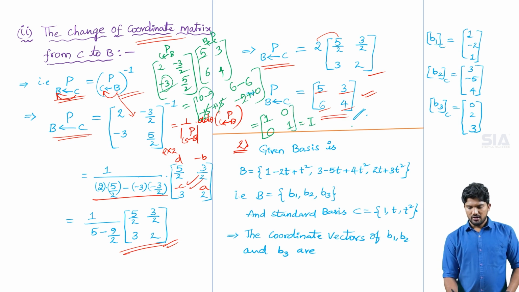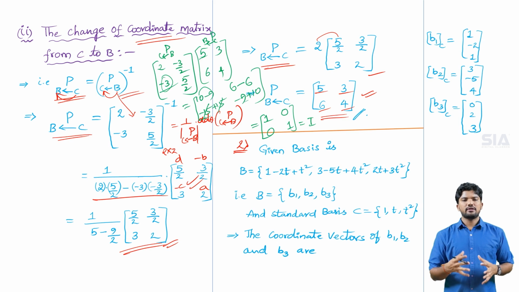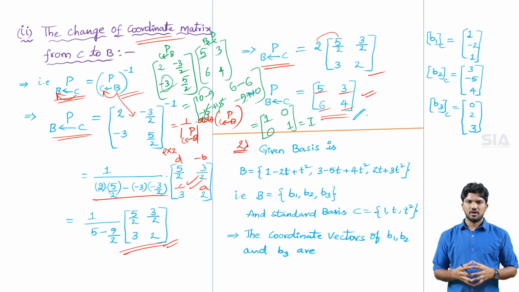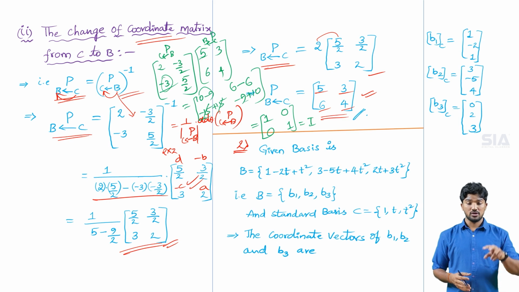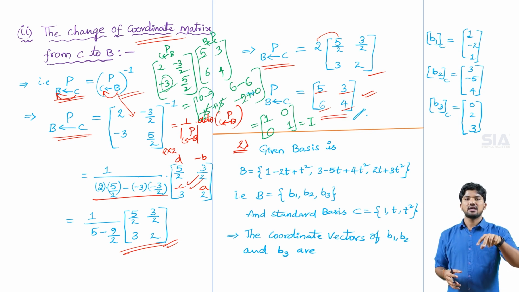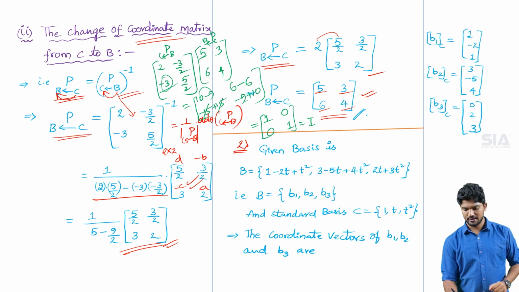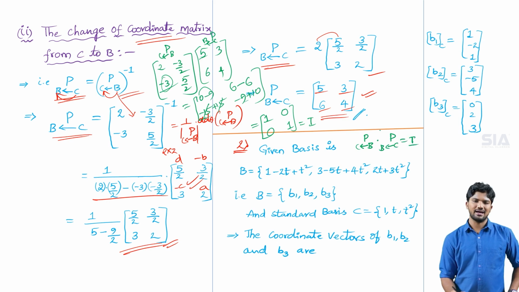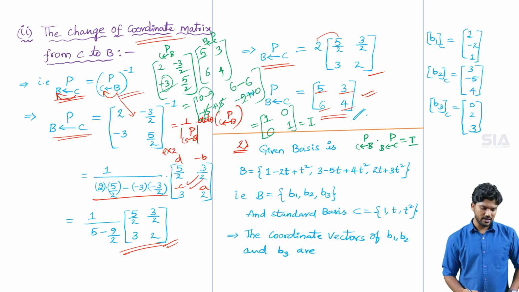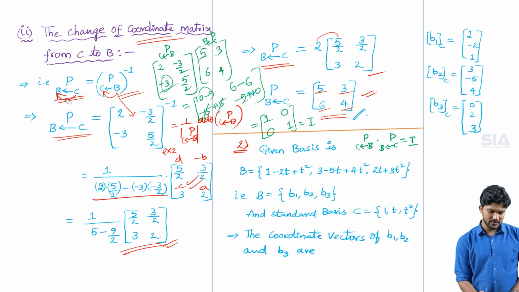That means whenever you get those change of coordinate matrix values, in the examination if you have some time, you can cross check in this format. Those two matrices are invertible matrices. That means P from B to C into P from C to B equals capital I. Then only we can apply this formula.